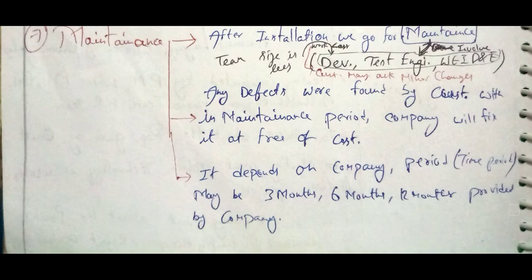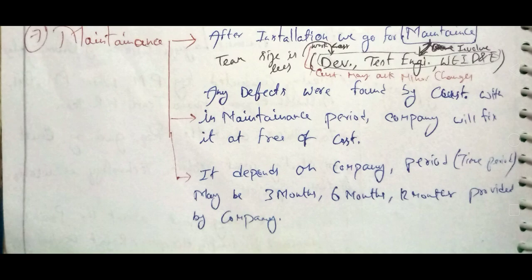The engineers who were involved in developing and testing will be involved in maintenance, but team sizes will be smaller. If any defects are found by the customer within the maintenance period, the company will fix them free of cost.